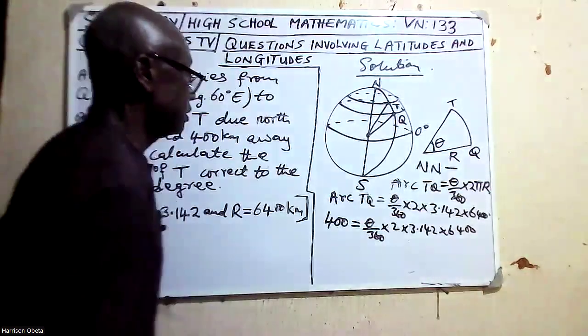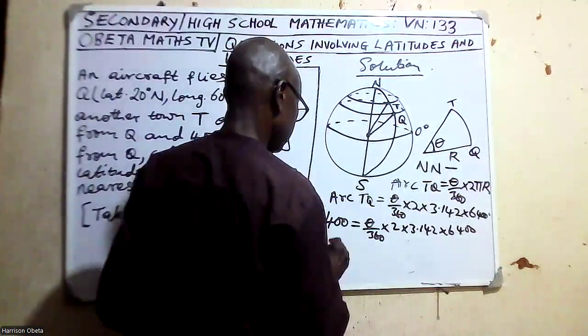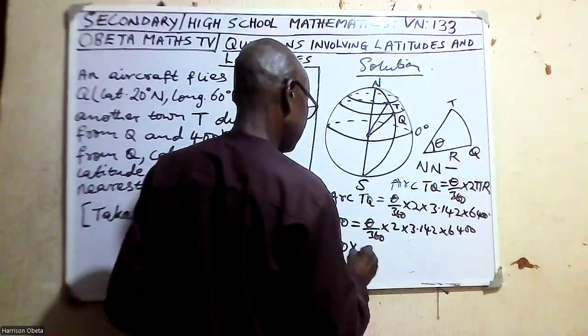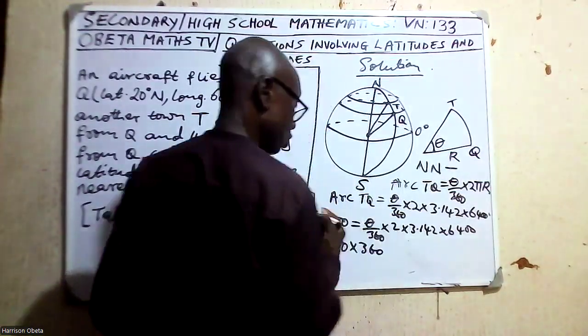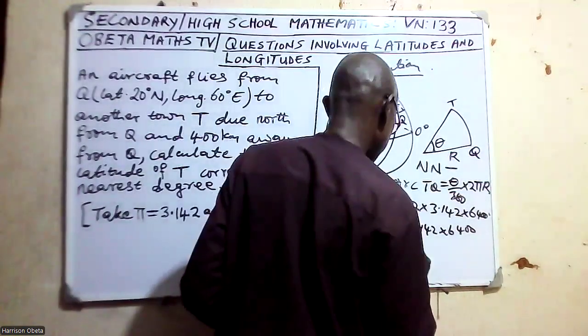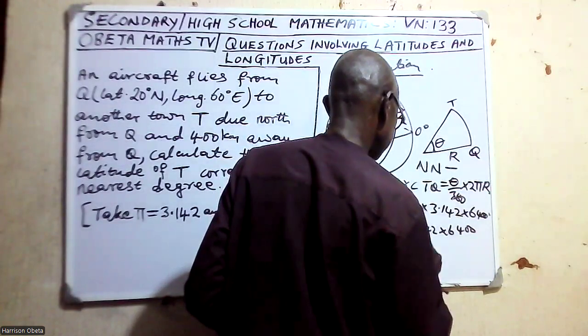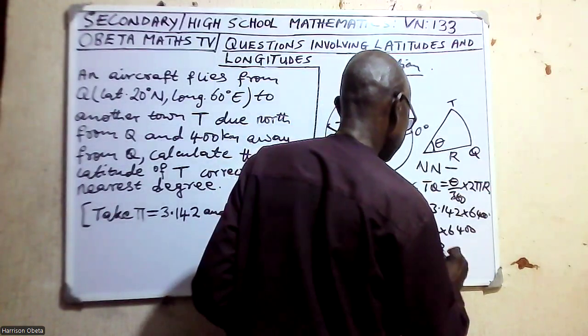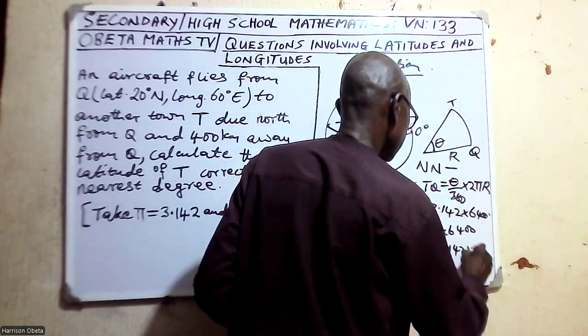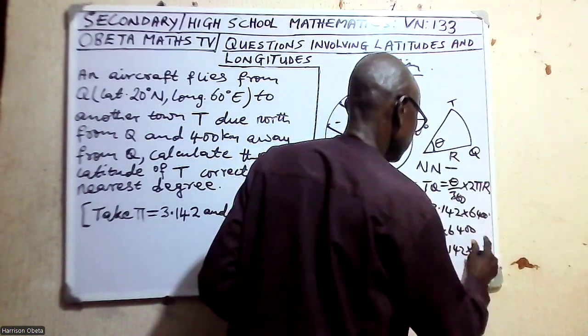So you multiply, that will give us 400 times 360, that's cross multiplying, is equal to theta times 2 times 3.142 times 6400.